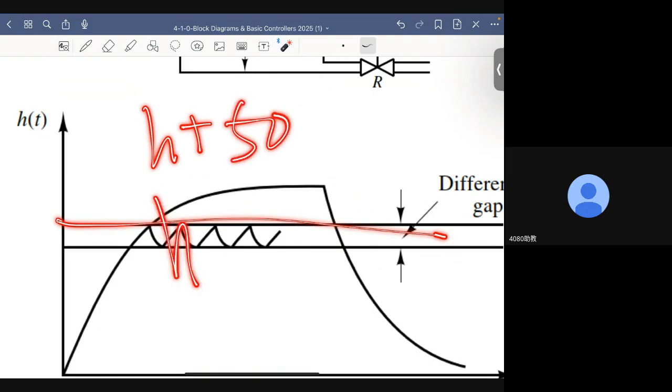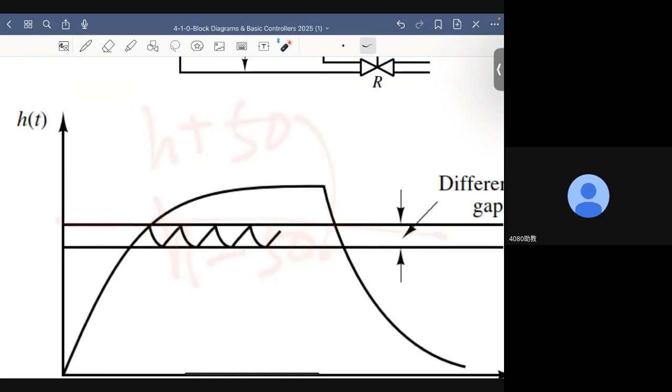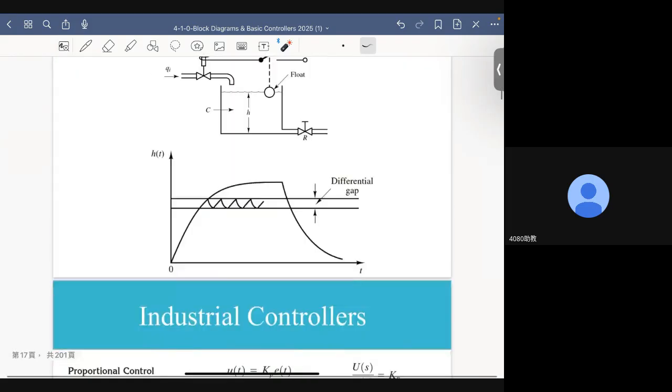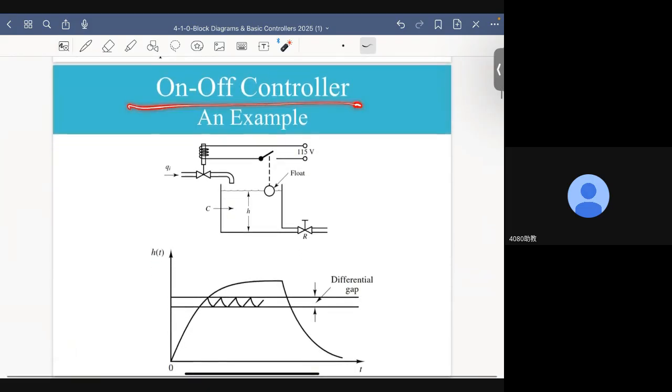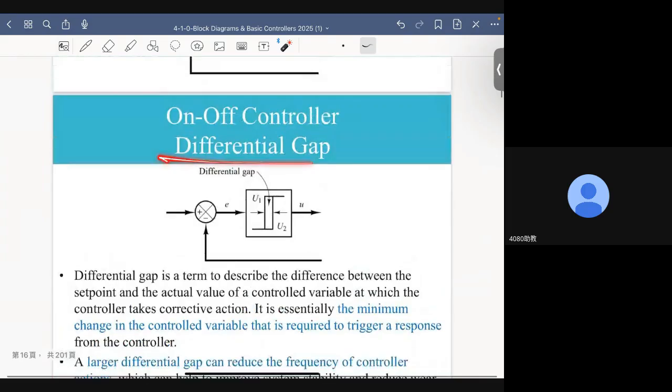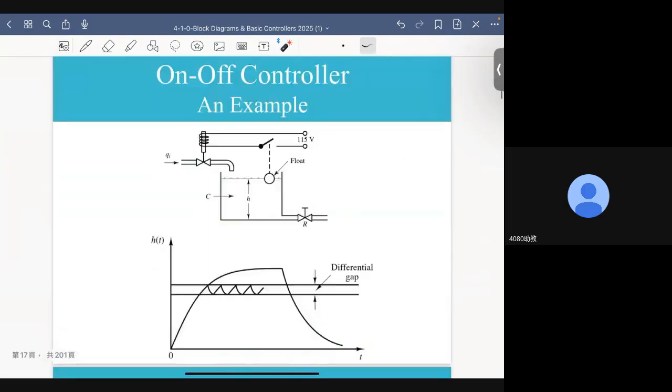And the lower bound is H minus 50 centimeters, okay? Within that 100-centimeter range, the pump simply doesn't do anything, all right? So that is the idea of differential gap for on-off controllers.